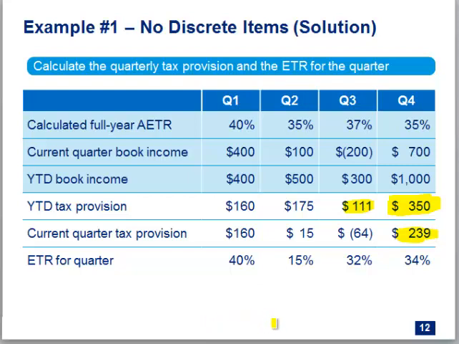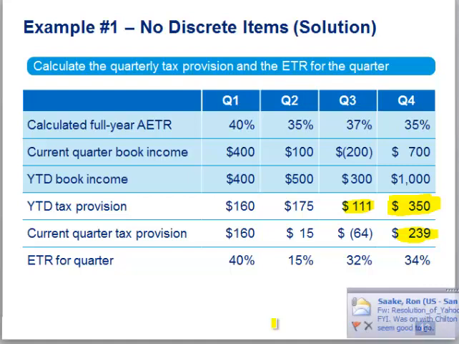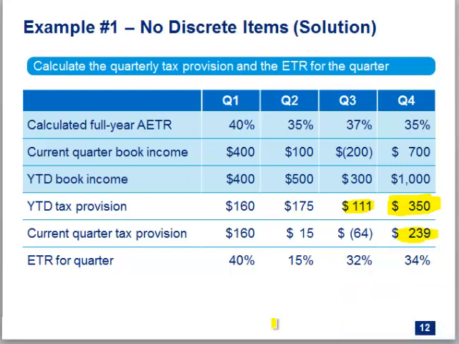What's interesting about Q4 is Q4 never gets presented alone, at least not usually. So when you look at a company's Q4 financials, you see the years presented. You don't see the quarter presented. And so oftentimes people are less sensitive to what the Q4 rate is, because if you pick up an annual report, a 10K, it will just show 2012, 2011, 2010.